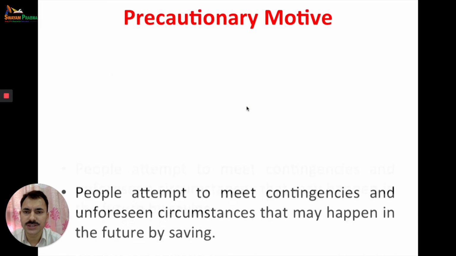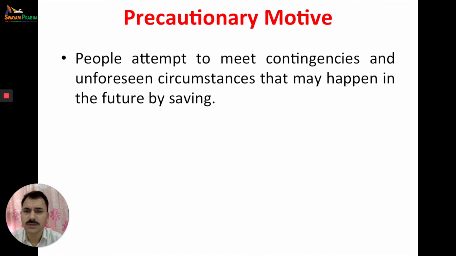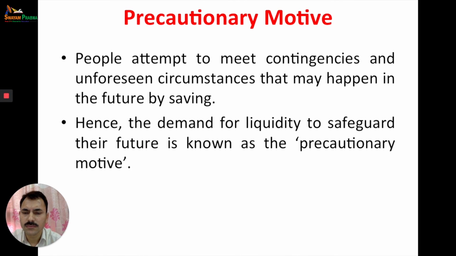Income is independent. Precautionary motive: people attempt to meet contingencies and unforeseen circumstances that may happen in the future by saving. Hence, the demand for liquidity to safeguard their future is known as the precautionary motive.